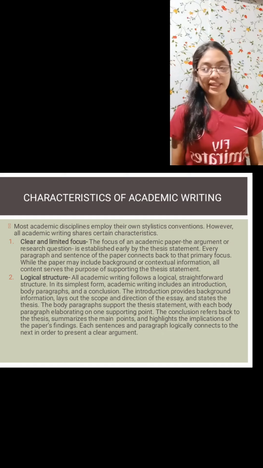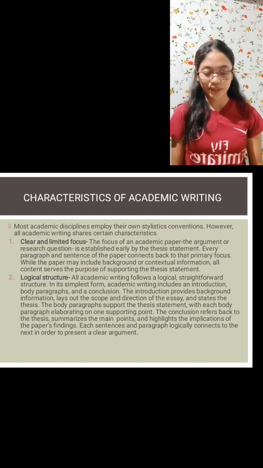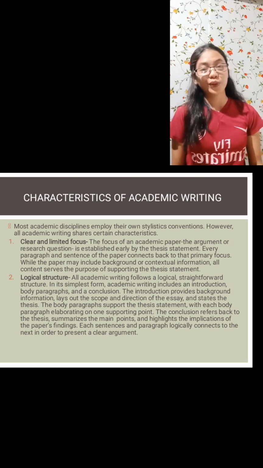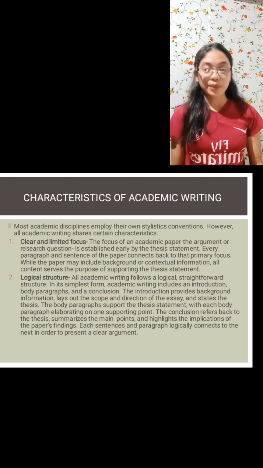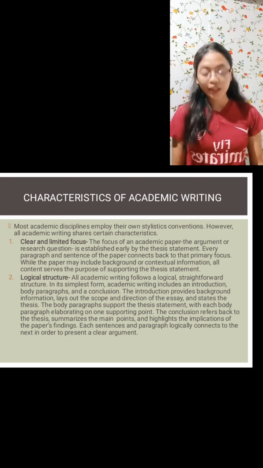The second characteristic is logical structure. All academic writing follows a logical, straightforward structure. In its simplest form, academic writing includes an introduction, body paragraphs, and a conclusion. The introduction provides background information, lays out the scope and direction of the essay, and states the thesis.